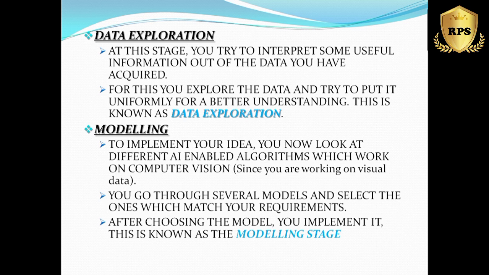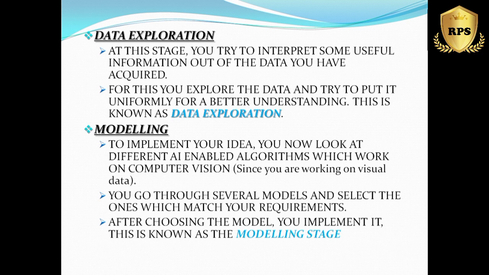Now, you go through several models and select the one which matches your requirements. There is a vast amount of information on internet sites and other places, but what you have to do is get the most accurate algorithm or model.